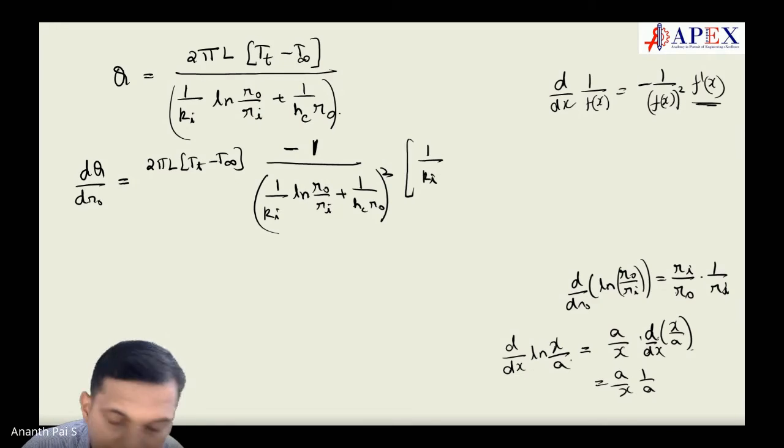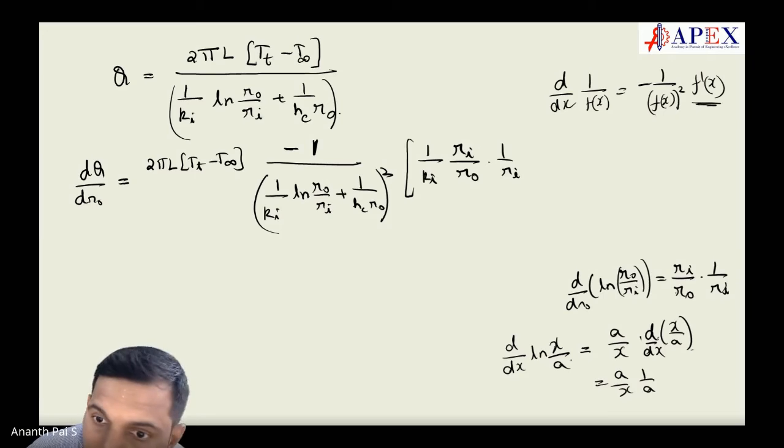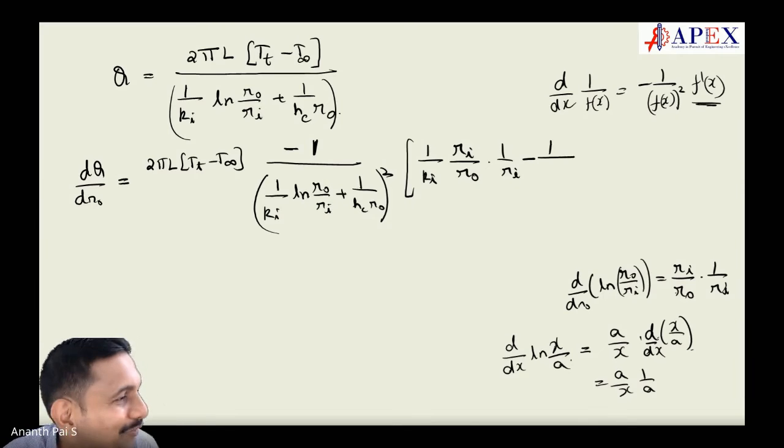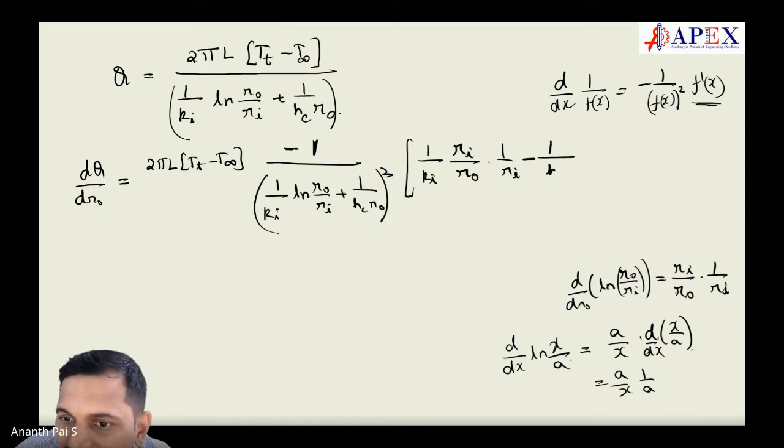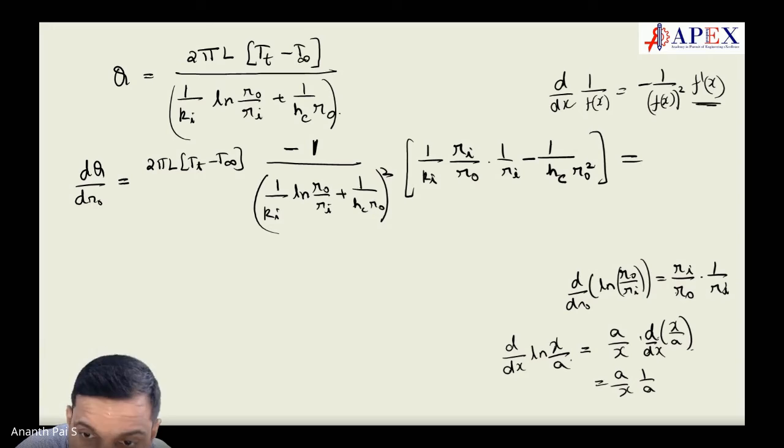Are you convinced? Yes, sir. Okay, don't worry. So here this would become equal to h c into r naught square. Now this is going to be equal to 0. Everything else is eaten up by the 0.